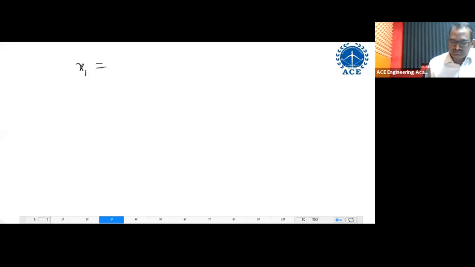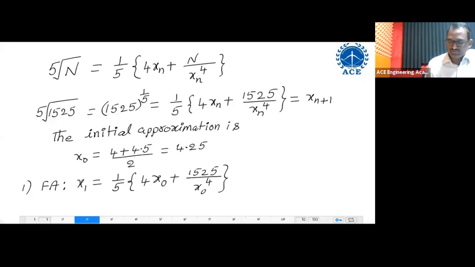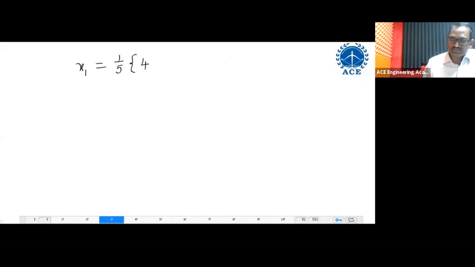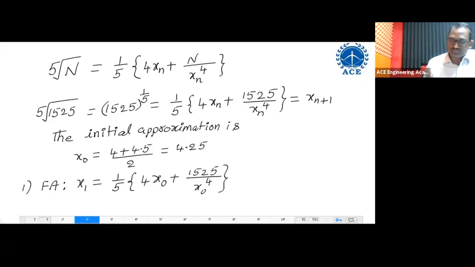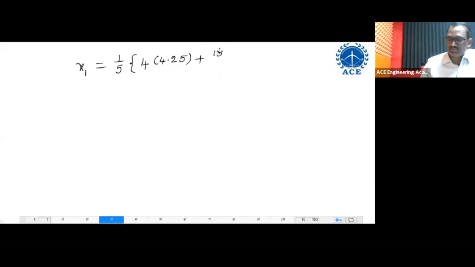So x1 is equal to 1 by 5 into 4x0, x0 value 4.25, plus 1525 by 4.25 whole to the power of 4.